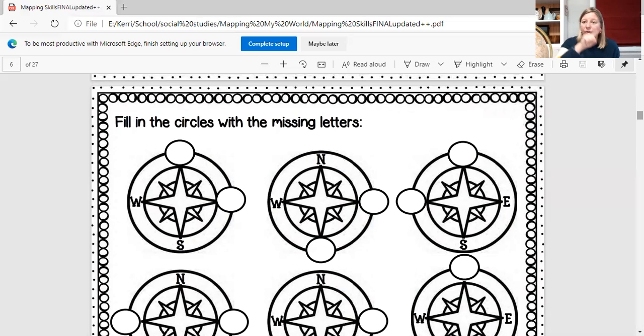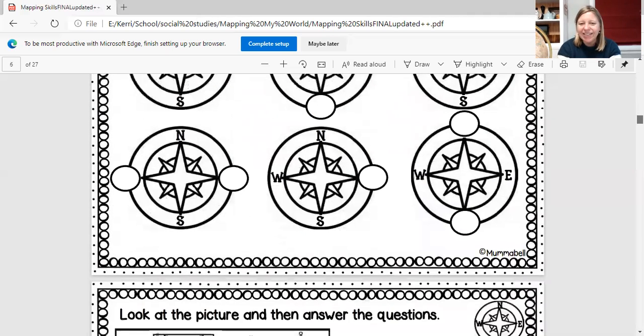And if we're going to go in the clockwise way, we are going to start with the north by 12 o'clock, east for 3 o'clock, S south for 6 o'clock, and W for west, which is on the 9 o'clock if you're looking at the clocks. Fill in all the circles to help you practice that.